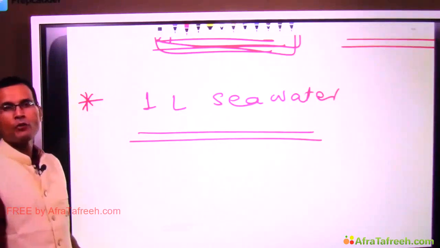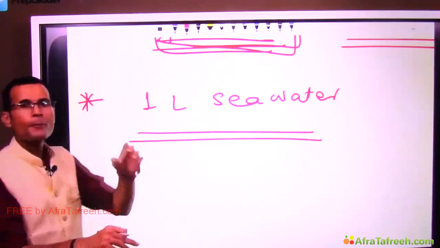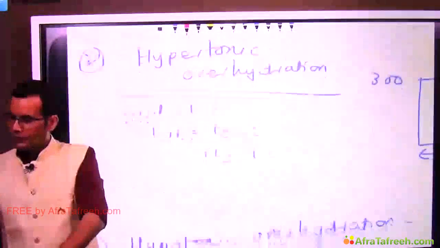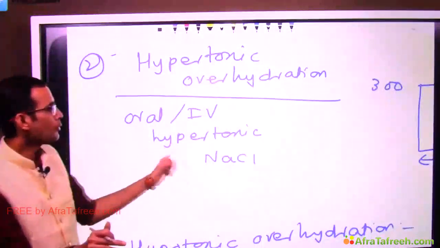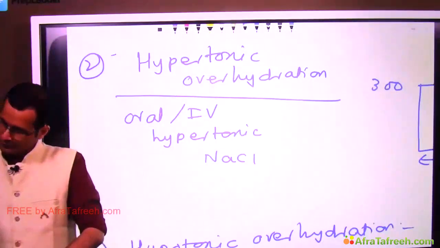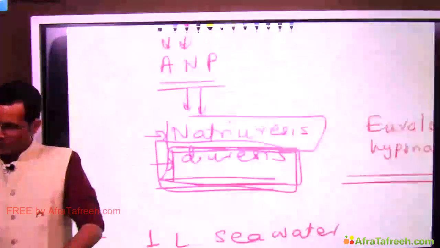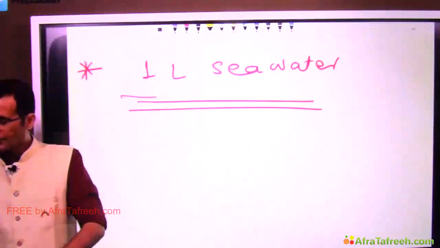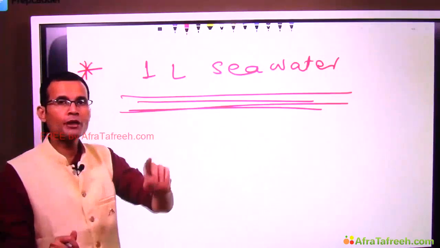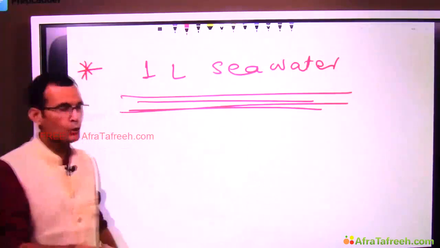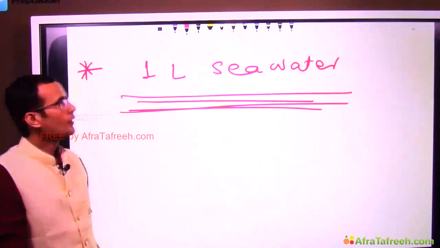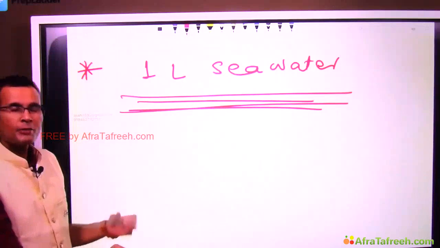I'm sure you are thinking of overhydration as a starting point, because some time back we saw that if hypertonic saline is given orally, then it will result in hypertonic overhydration. Yes, that's right. So you are thinking of overhydration because seawater is a hypertonic fluid. Cool, no problem. It's a hypertonic fluid given orally. Now there is some catch in this.